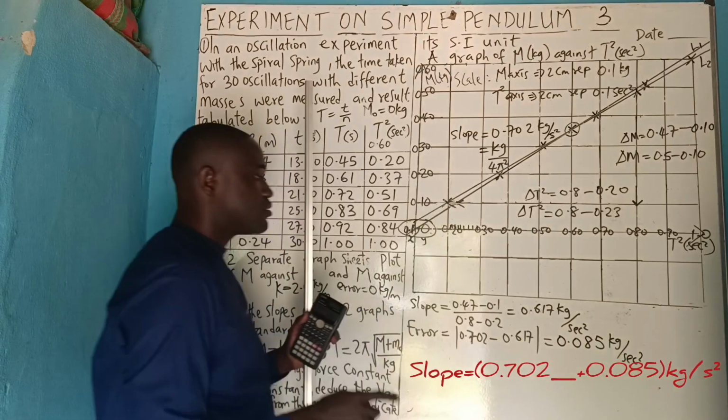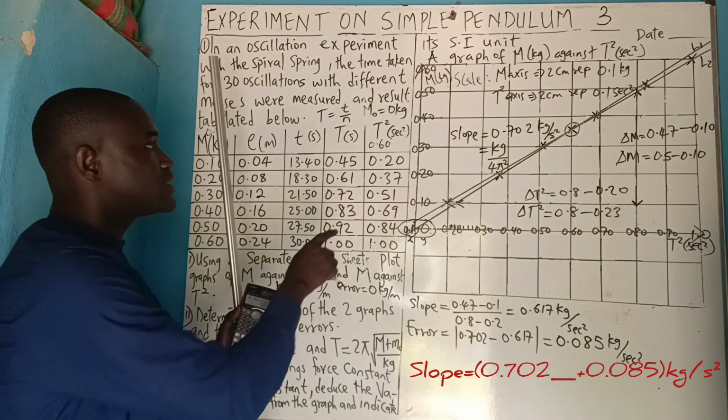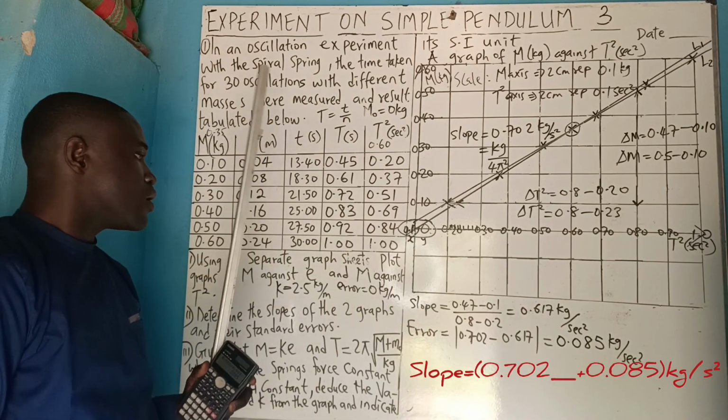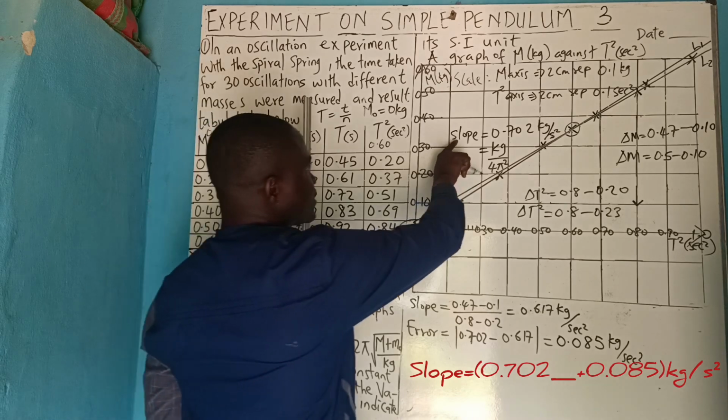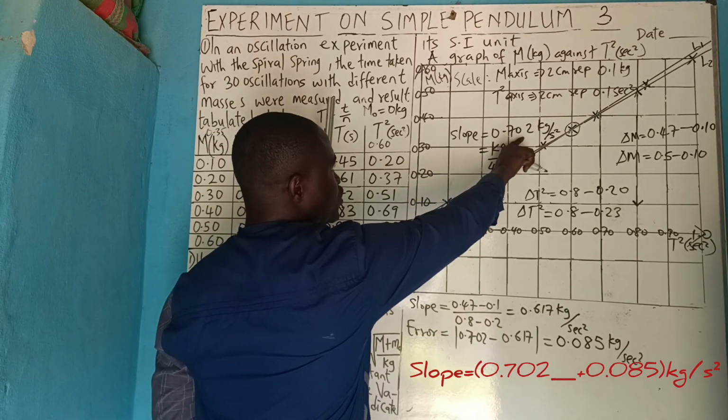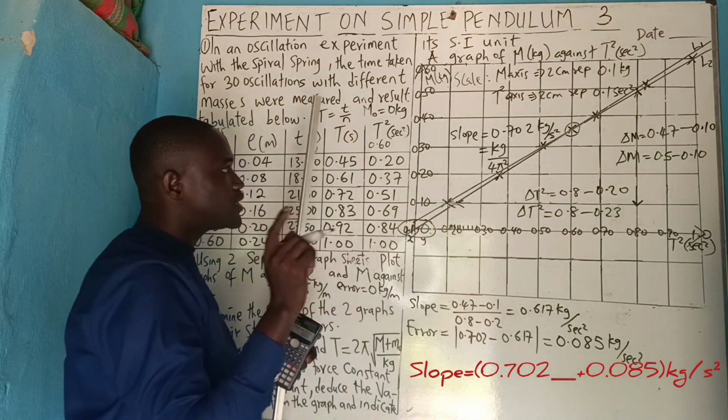So that is the error we will get in the second graph. But we note that our first graph has this slope, and that is for the one of best fit.